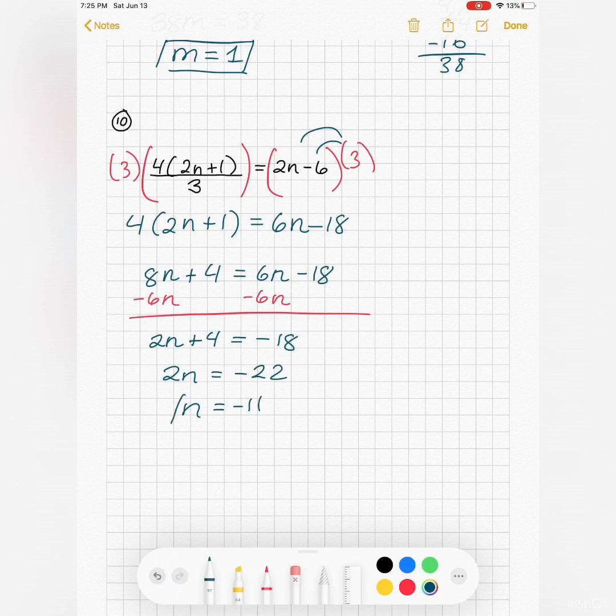And so n is negative 11. Let's check that one.